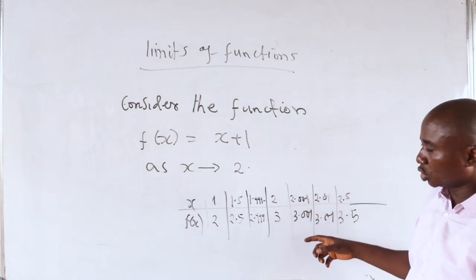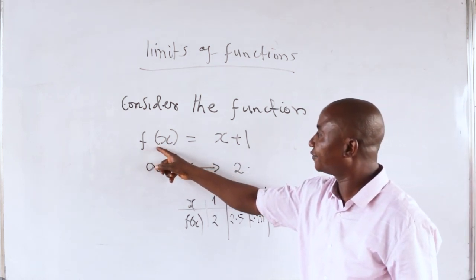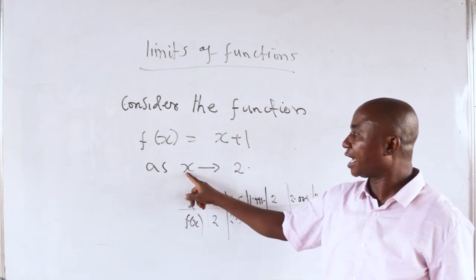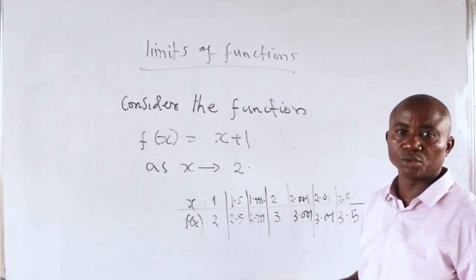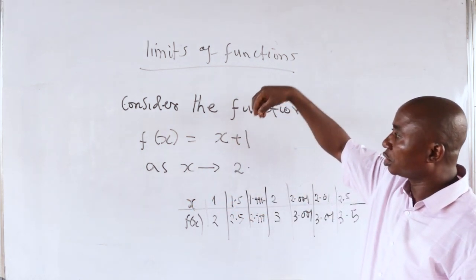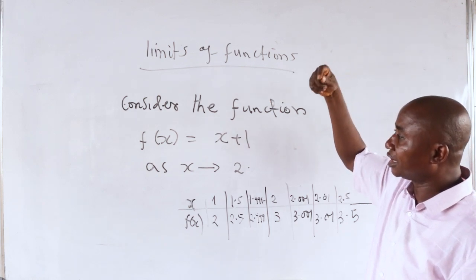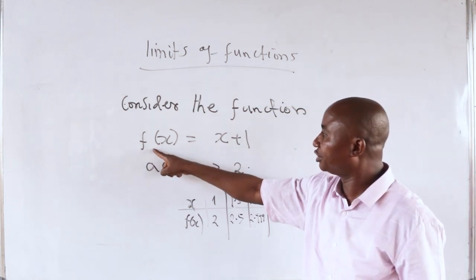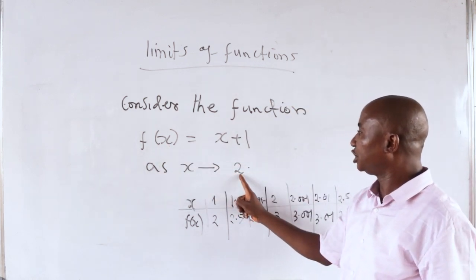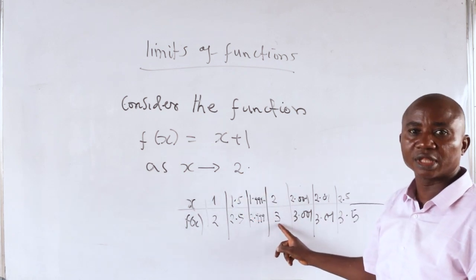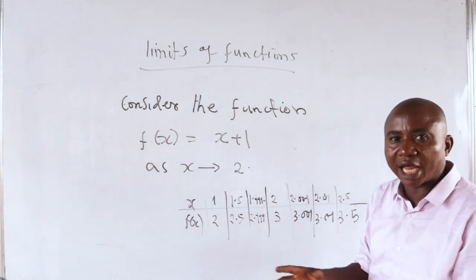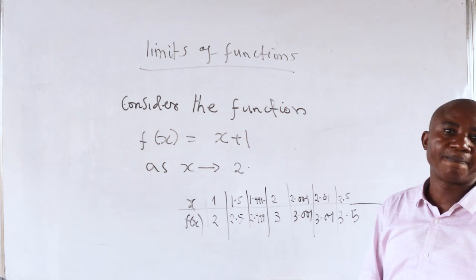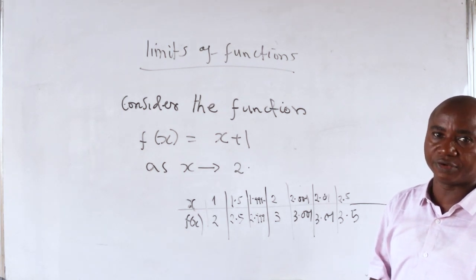Therefore, we can conclude that this function f tends to 3 as x goes to 2. And in that case we say that the limit of this function as x approaches 2 is equal to 3. So this is the whole idea behind the limit of a given function.